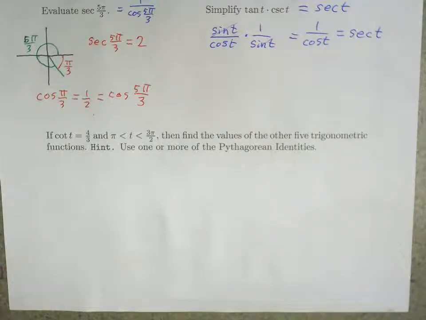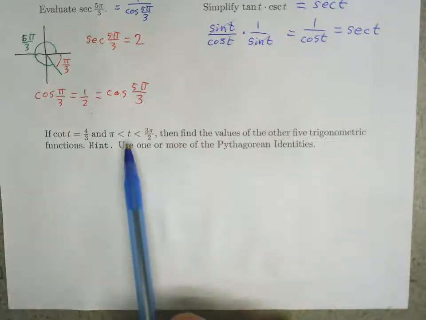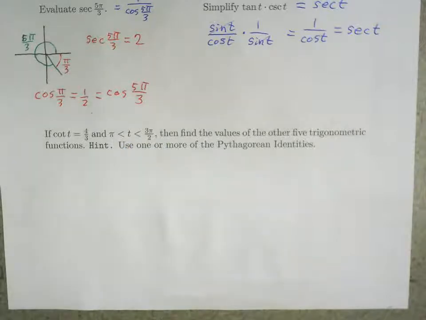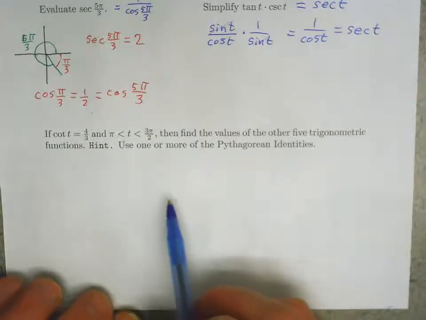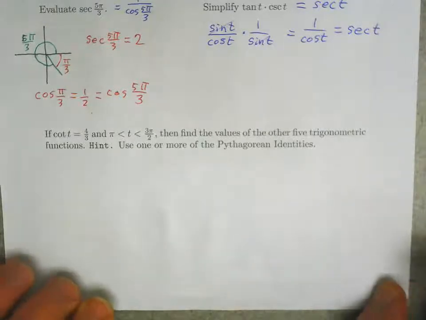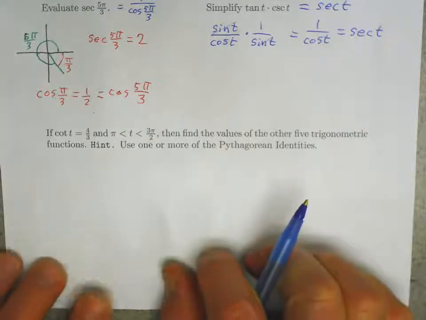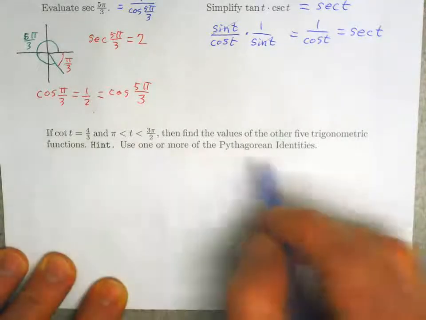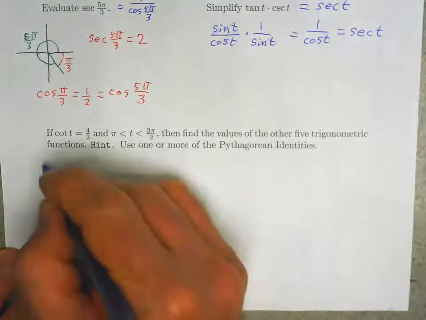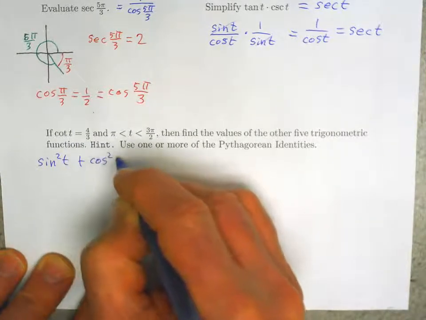Okay, the next problem: cotangent of t is equal to 4/3, and t is in the third quadrant. Find all of the other trigonometric functions. Well, the hint is use one or more of the Pythagorean identities. So sine of t squared plus cosine of t squared equals 1.